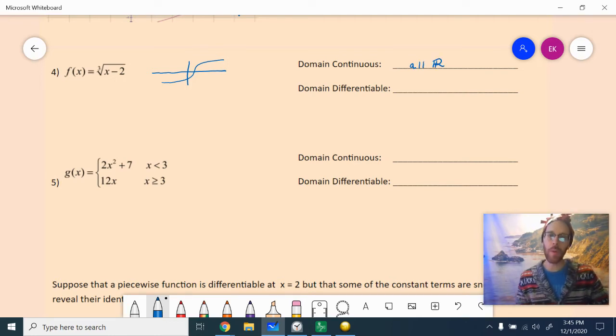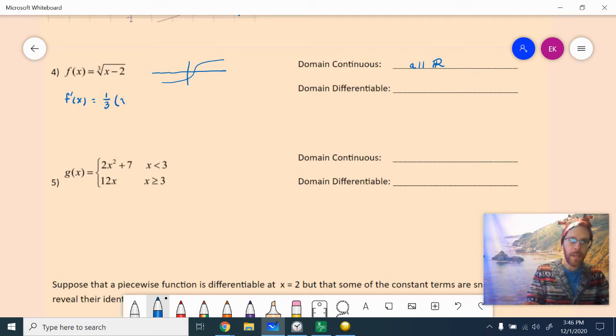Now, in order to determine the domain on where it is differentiable, what I'm going to do when I have an equation is take the derivative. So if you take the derivative of this one, you get 1/3 times x minus 2 to the negative 2/3 power. And if we simplify that, we get 1 divided by 3 times (x minus 2) to the 2/3 power.